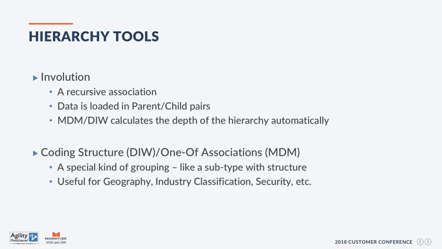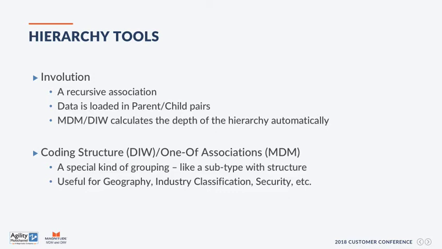So whether we're working in MDM or DIW, when we come to load the data across an involution, we simply give it the parent ID and the child ID, and the product, whether it's MDM or DIW, calculates how many levels deep the hierarchy is at maximum, creates a table with that many rows, and then normalizes out the paths as required, depending upon the product, with default values. And so in DIW, that means populating things with values like "not classified at this level" as default values.